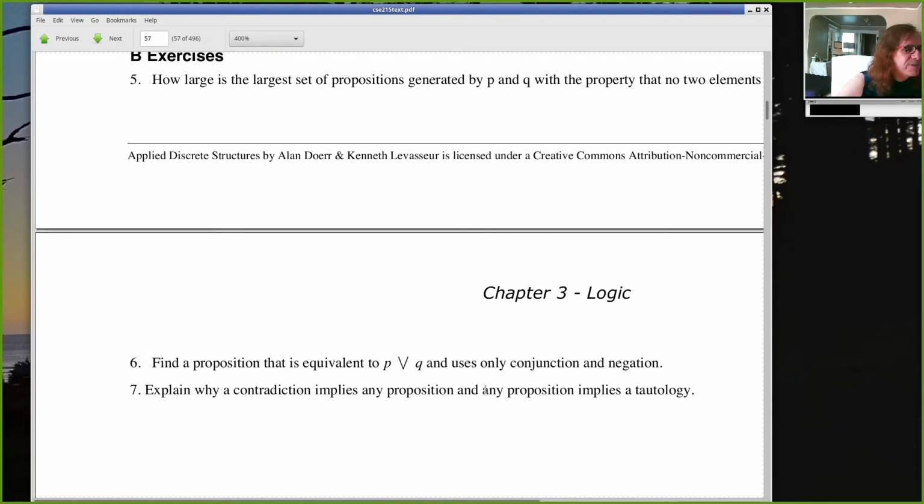Alright, and then question 6, find a proposition equivalent to P or Q that uses only conjunction and negation. So if you're trying to switch between disjunction and conjunction, think De Morgan.